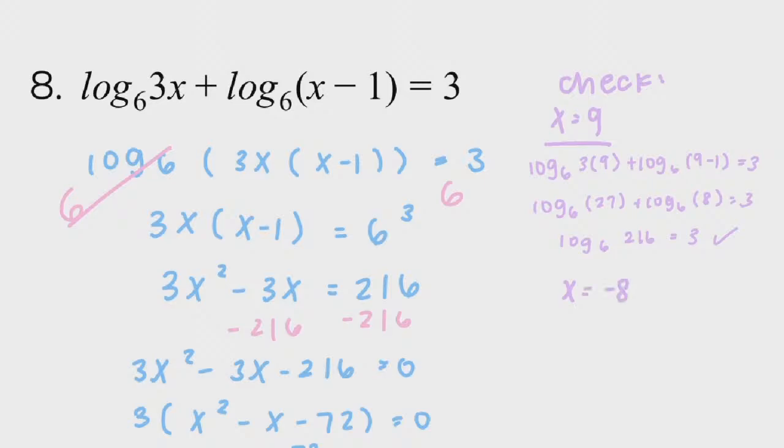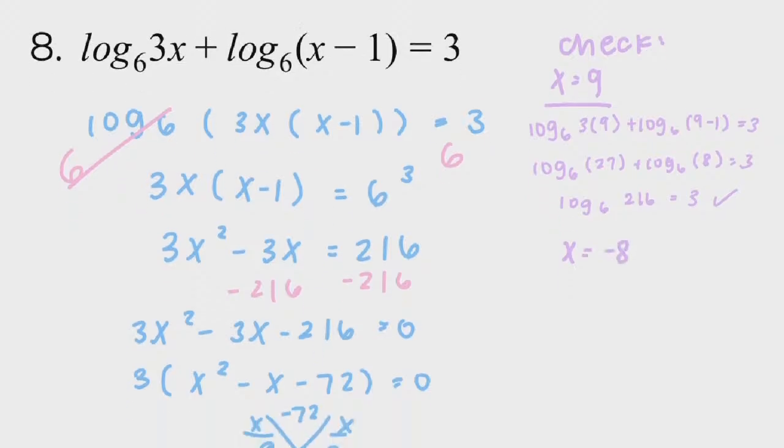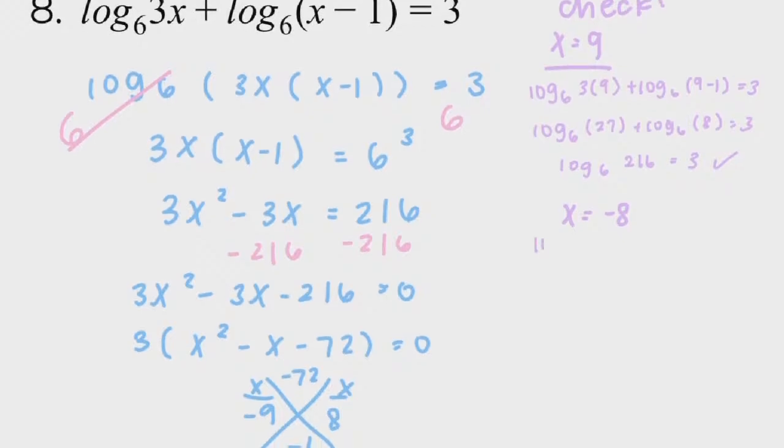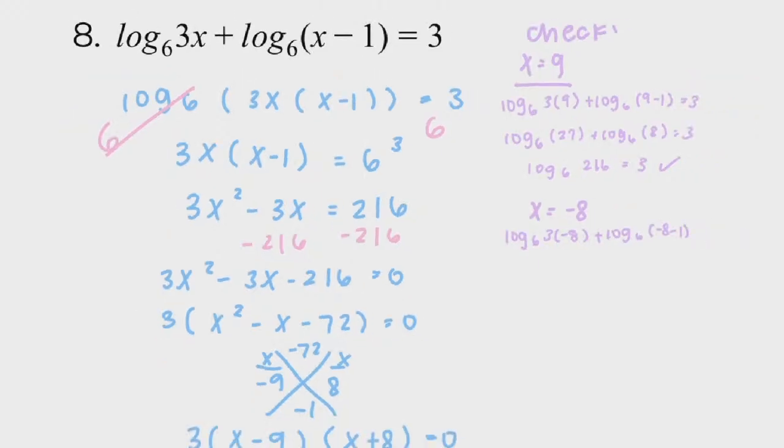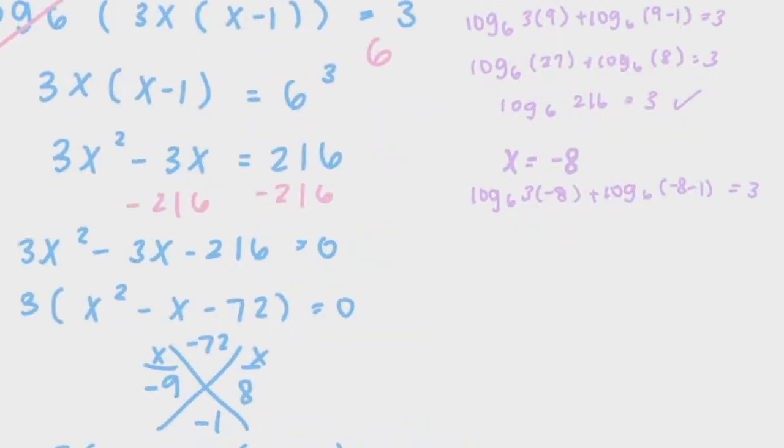Okay, and the other one we have to check is negative 8. So that would be log base 6 of 3 times negative 8 plus log base 6 of negative 8 minus 1, and that would equal 3.